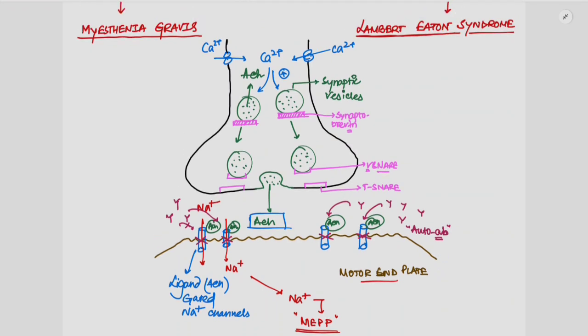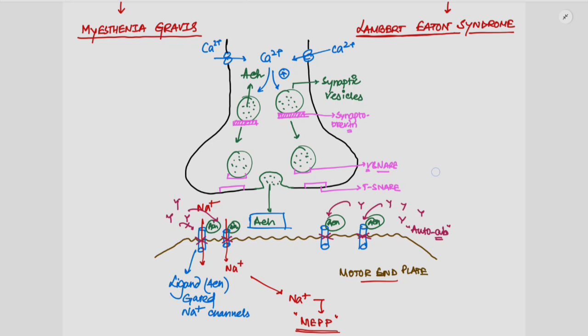So in myasthenia gravis, autoimmune antibodies are produced against those receptors, and now acetylcholine cannot bind with those receptors because they are destroyed, and no further sodium ion enters into the motor end plate, right? That's why it leads to less muscle contraction and muscle weakness, and it continues with the regular activities, right?